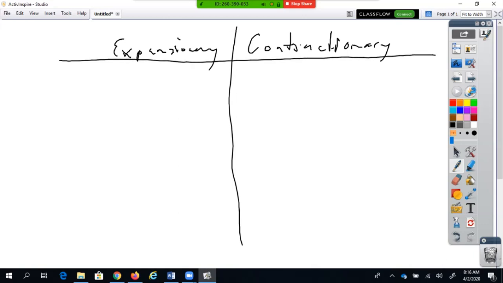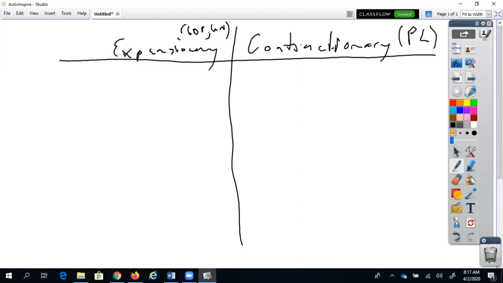All right, contractionary would be you're targeting inflation. So I'll put the target would be price level. Expansionary, the target is maybe GDP or unemployment. All right, so if you're trying to expand the economy, maybe you have high unemployment, you're trying to fix unemployment level, you're trying to help out GDP, which is one of the mandates of the Fed.